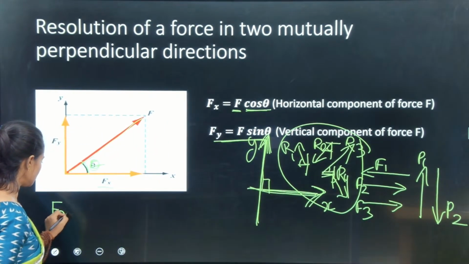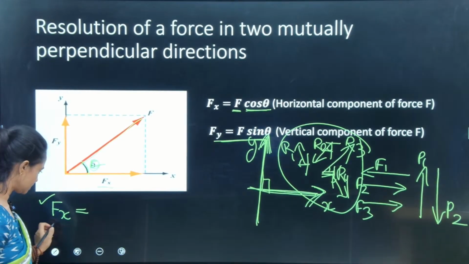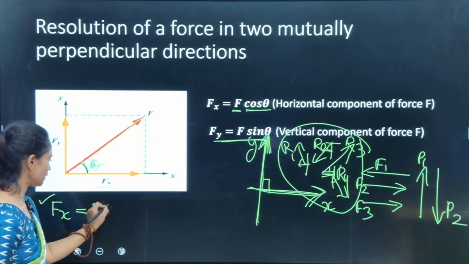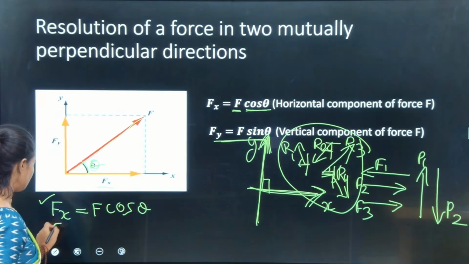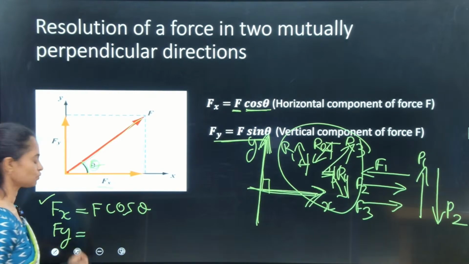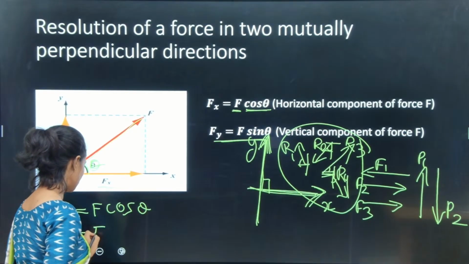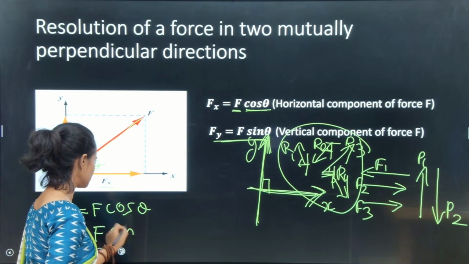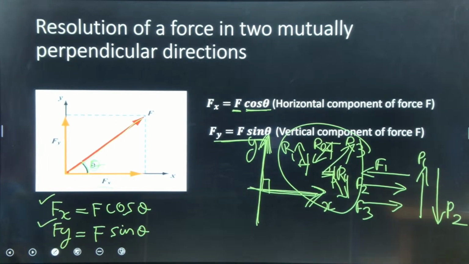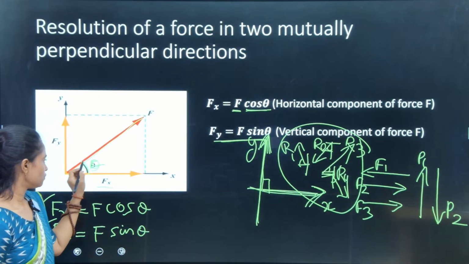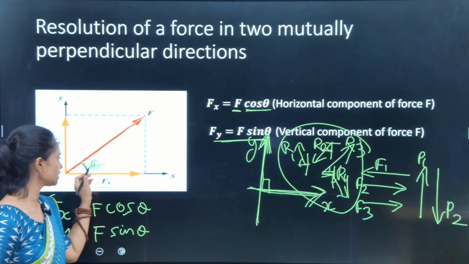The horizontal component of the force will be named Fx, and that will be F cos theta. The vertical component will be represented as Fy, and its magnitude will be F sine theta. You can observe here that the angle of inclination of the force with the horizontal is theta.